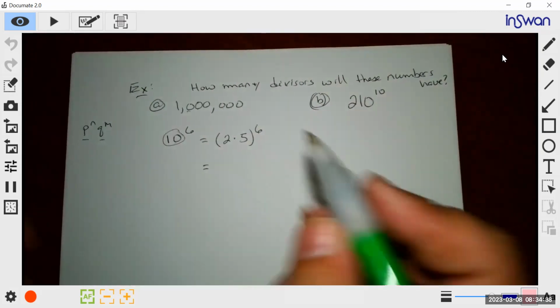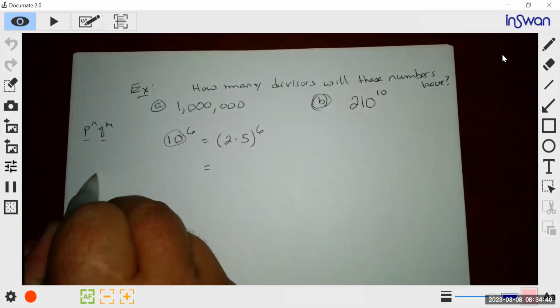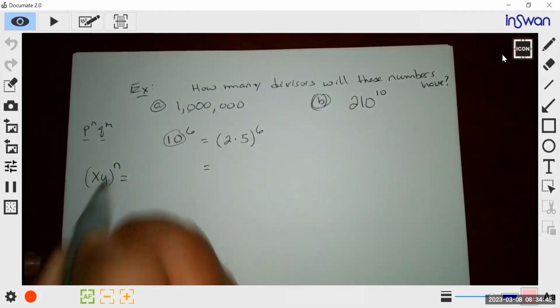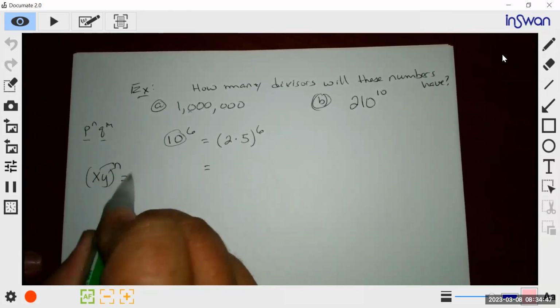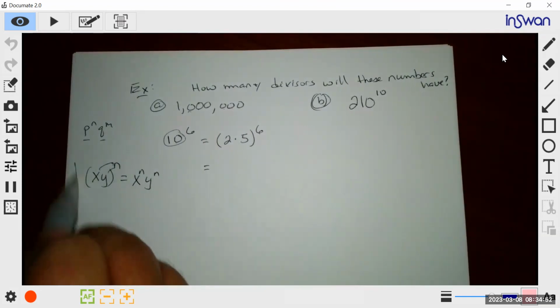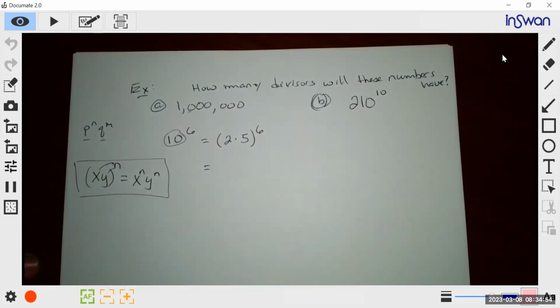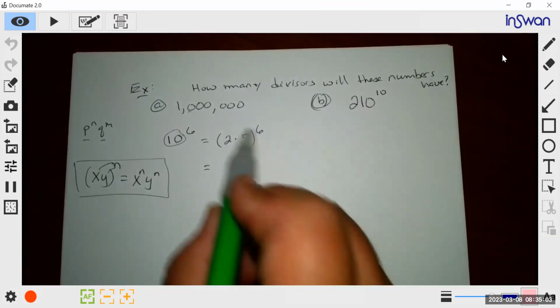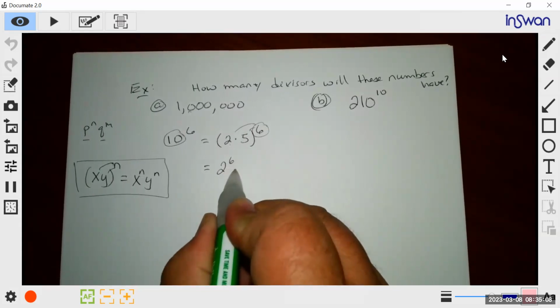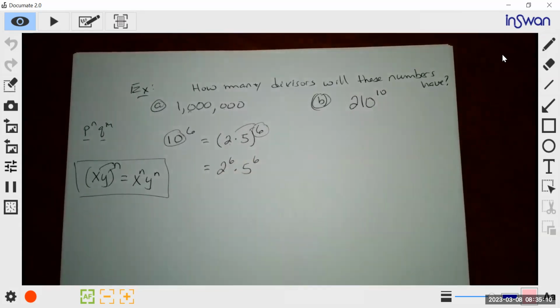One of the rules of exponents: if you have a product raised to a power, you can just distribute that power to everything inside there. So this power goes to both 2 and 5.